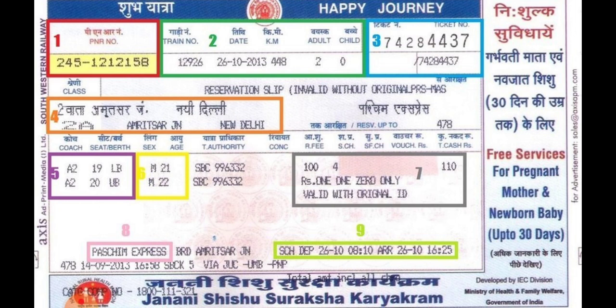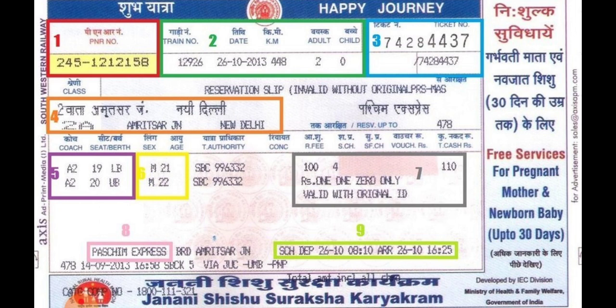Because only two people are traveling, as we have seen in column number 2, adult 2, those two people will be traveling in the A2 coach in seat numbers 19 and 20 respectively. And they have to use the lower berth and upper berth when it is time to sleep.